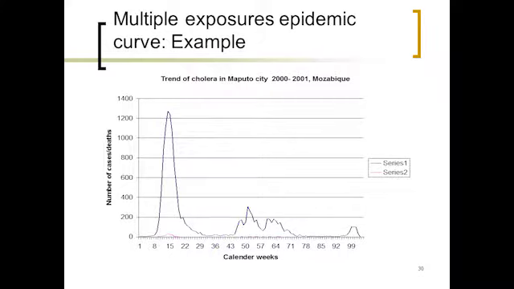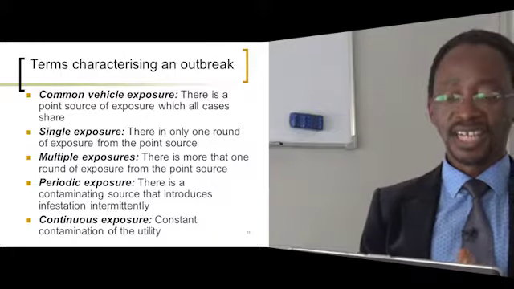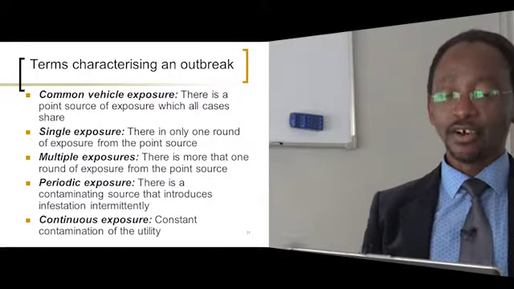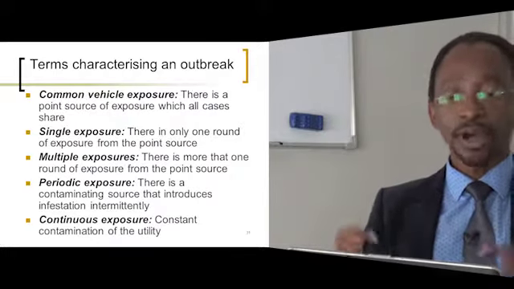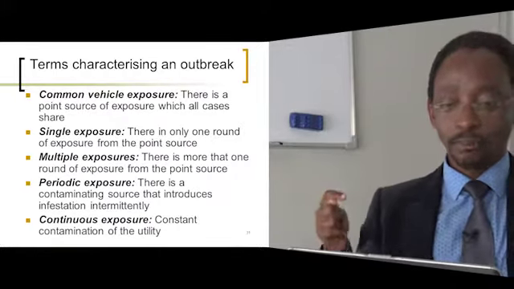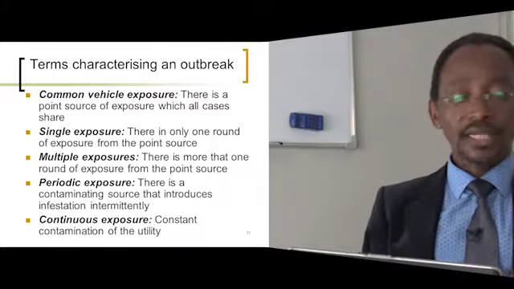This is an example of the cholera outbreak in Maputo between 2000 and 2001. Now, there are some key terms here that you need to know about characterizing epidemics. There's what we call a common vehicle exposure. It means that there is a point source, and all cases share that point source, whether it is one spouse or one sweet potato meal or one vector.